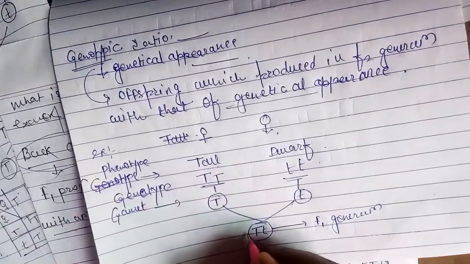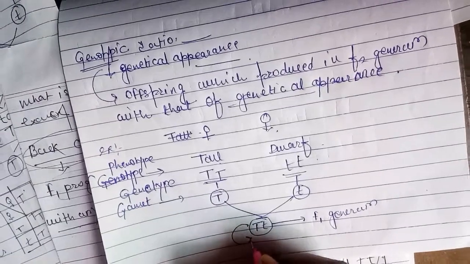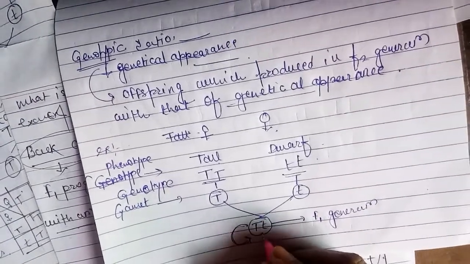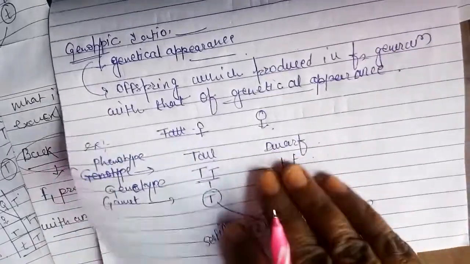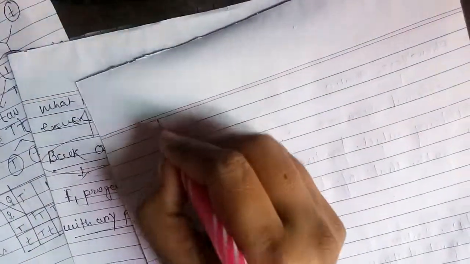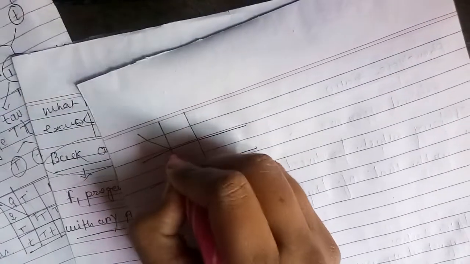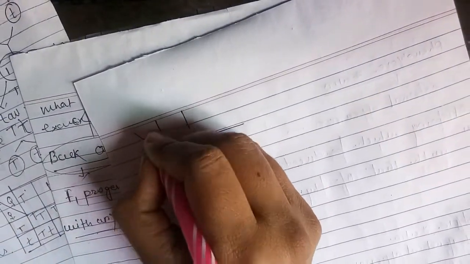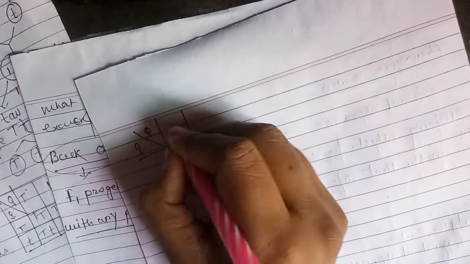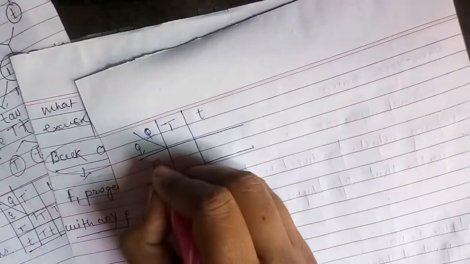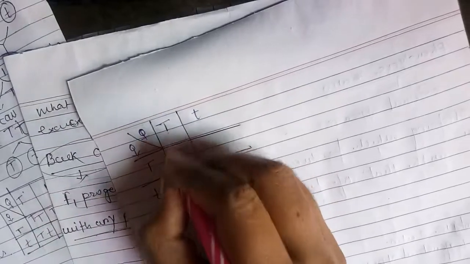After that we have to do the selfing of that F1 progeny. It is shown through the checkerboard, male and female parent, capital T, small t, capital T, small t.